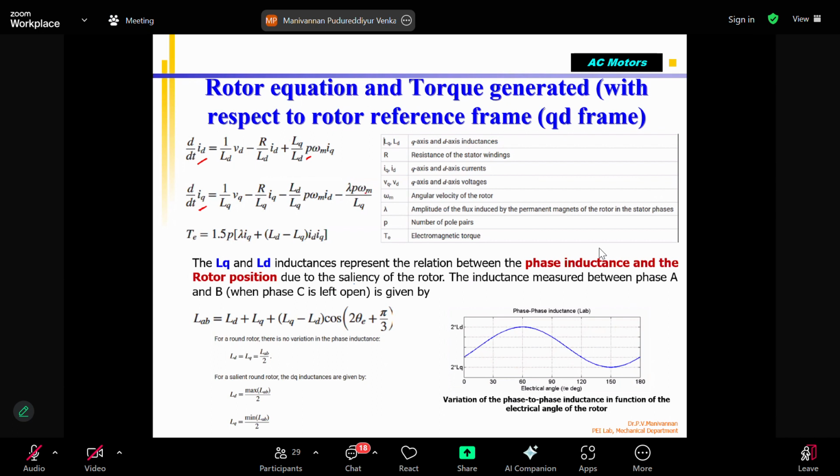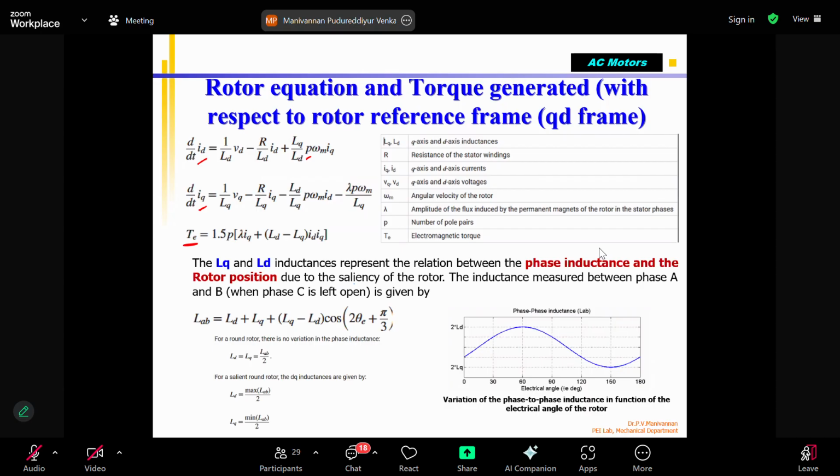Now, once this is known, we can find out the torque developed. Take the equation for the torque produced by the motor in which the stator windings are distributed evenly and excited by a three-phase sinusoidal AC voltage.